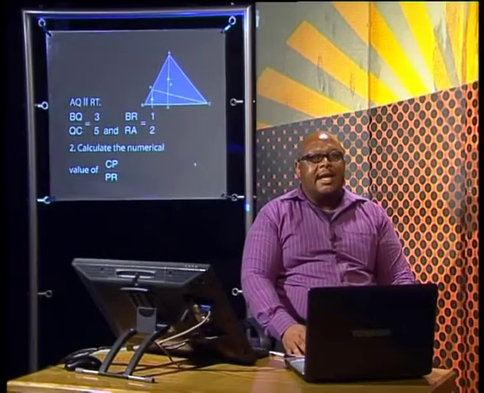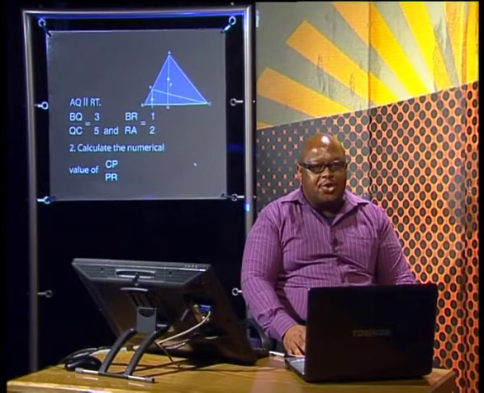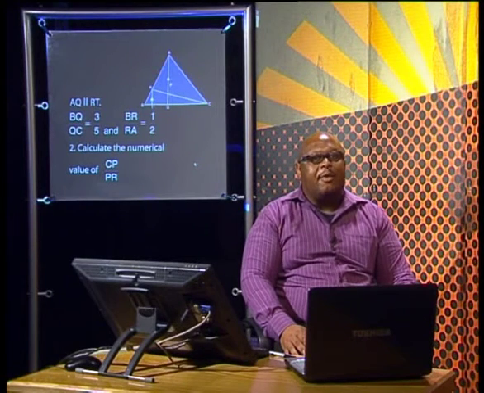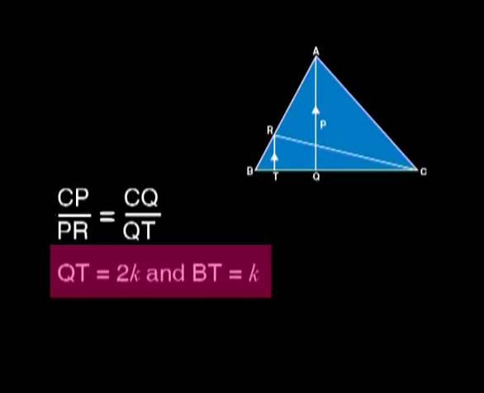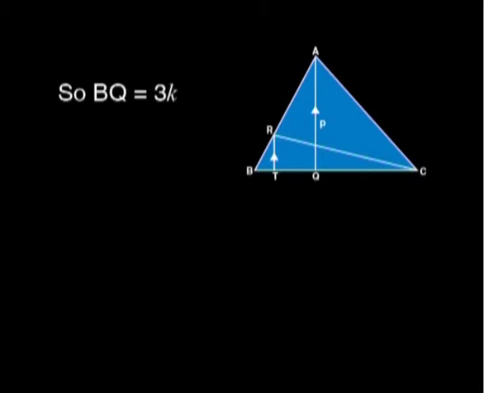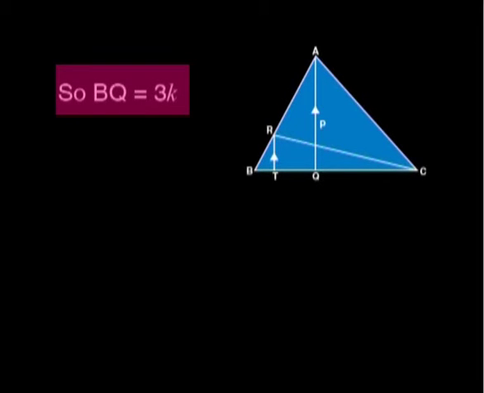To find the numerical value of this ratio, we can use any information that we calculated from the first question. BT equals K and QT equals 2K. That makes BQ equal to 3K. We know the ratio of BQ to CQ to be 3 to 5.